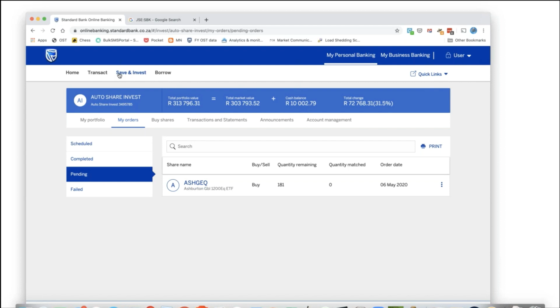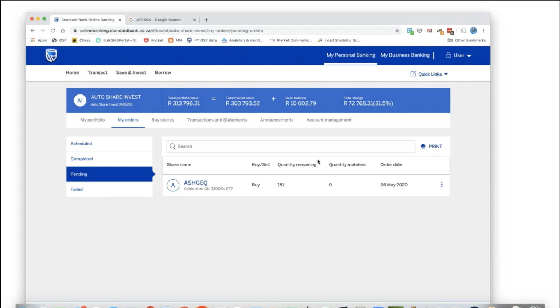So you literally log on to internet banking, click save and invest. You've got the Auto Share Invest, which is just normal buying shares and ETFs. And then, of course, the tax-free investing, which is limited to about 72 ETFs you can buy and limited to 36,000 per tax year that you can put in per individual.